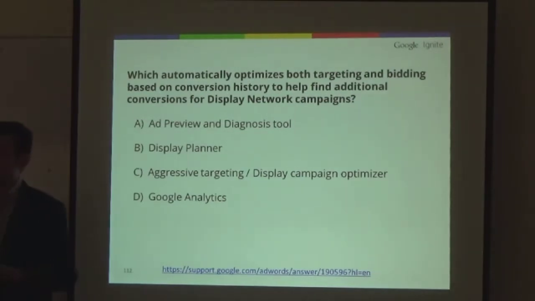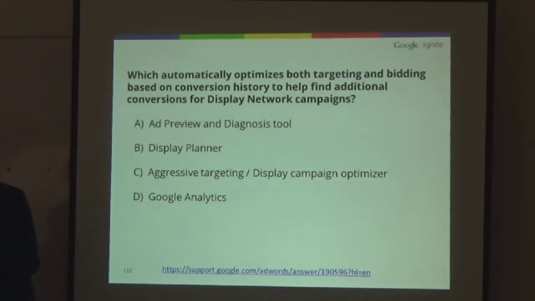How about B, display planner? Do you use that? True, false? False, yeah. And how about C? Aggressive targeting, which is also known as display campaign optimizer. Can you use that to adjust bids and even target placements automatically? Yes? So that is the answer that we are looking for. How about GA, Google Analytics?